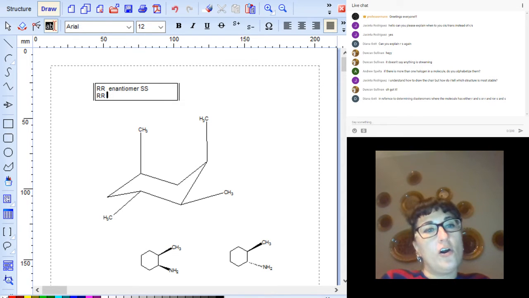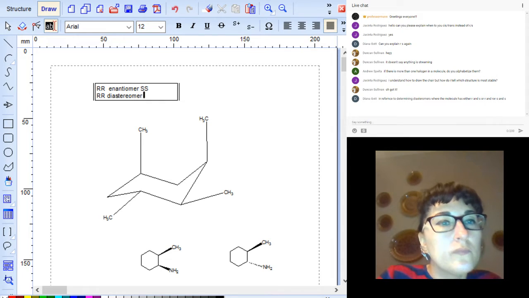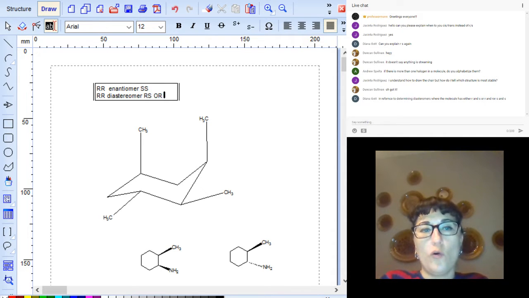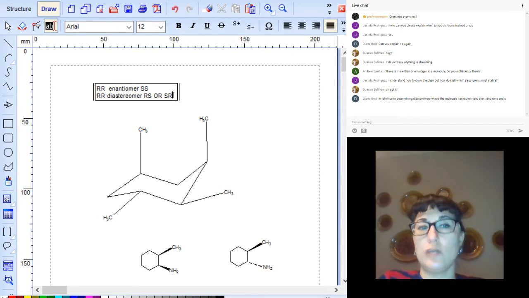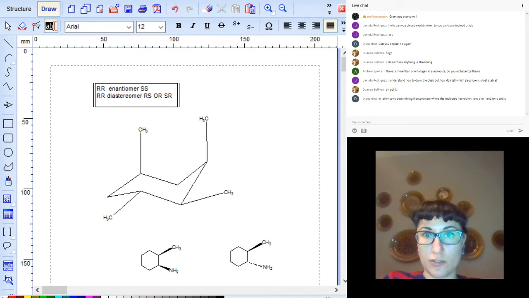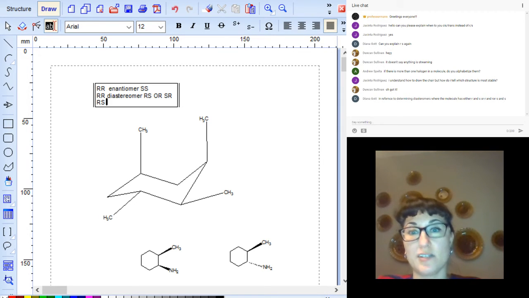If I had RR, a diastereomer would be RS or SR. So as long as it's not the mirror image, meaning the actual opposite of the stereochemistry, then you're going to be looking at diastereomers. I don't know if that answers your question, but on the flip side, if I had an RS, what would the enantiomer be for RS? Anyone can answer.